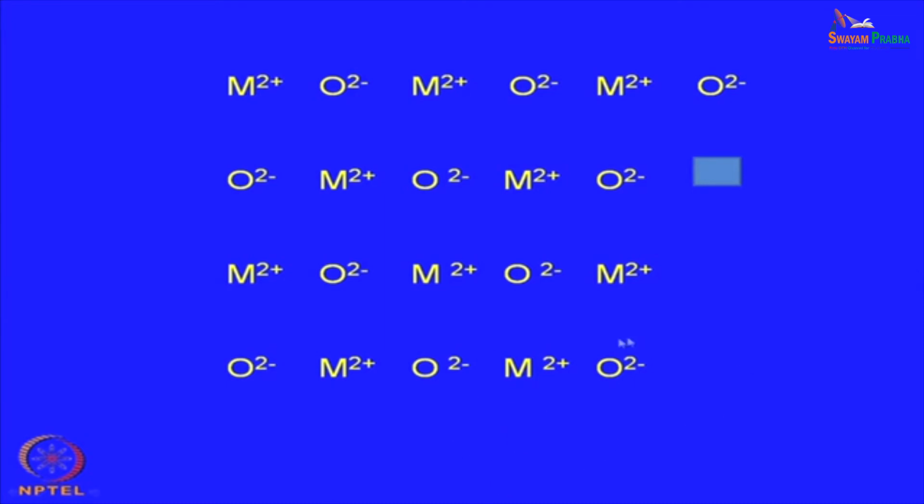If you are making a vacancy here, the material is not there, M2 plus is supposed to be there but it is not, but the lattice site is there, and that is why we are talking about a vacancy. In the other case, the lattice site is not there, and that is why this is not a vacancy. This place is not a vacancy, but this is a vacancy, provided that the ratio is maintained and that site has to be considered.